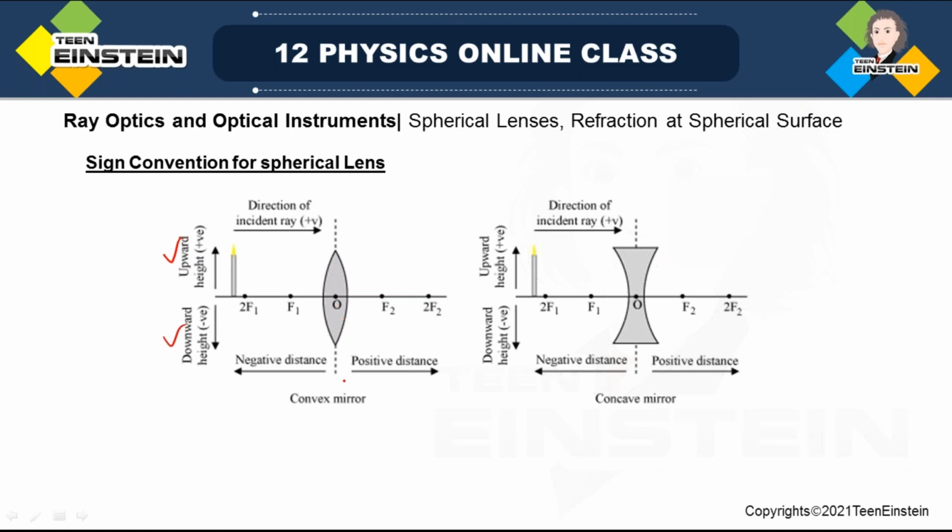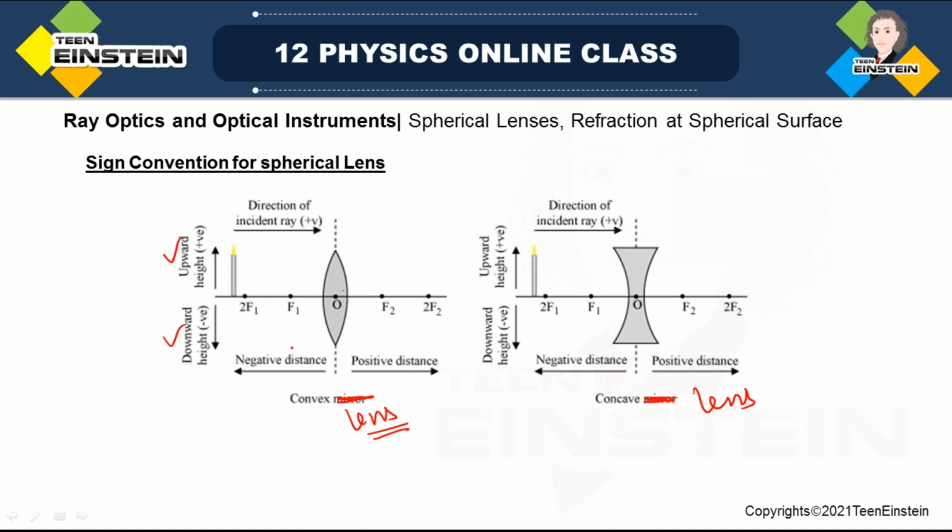Now, in the case of a convex lens. Oh, this is written as mirror. I'm sorry, this has to be written as lens. They are actually the same, that's why maybe I made the mistake. So this is the concave lens again. In the case of a convex lens, your object is on the left hand side.